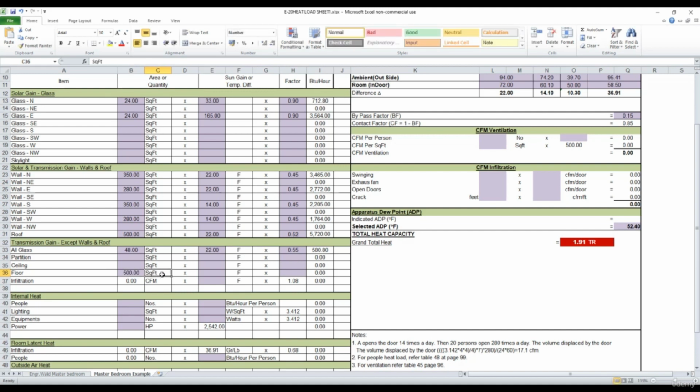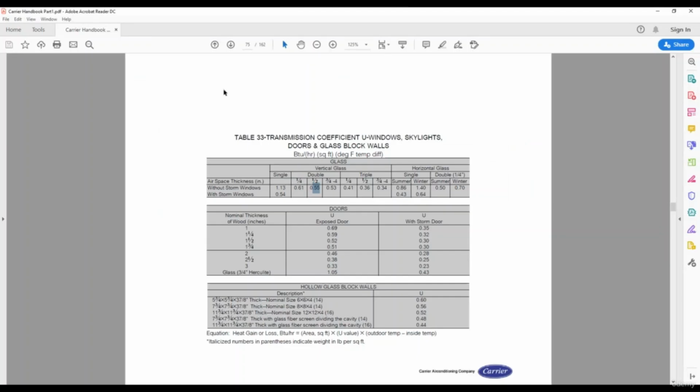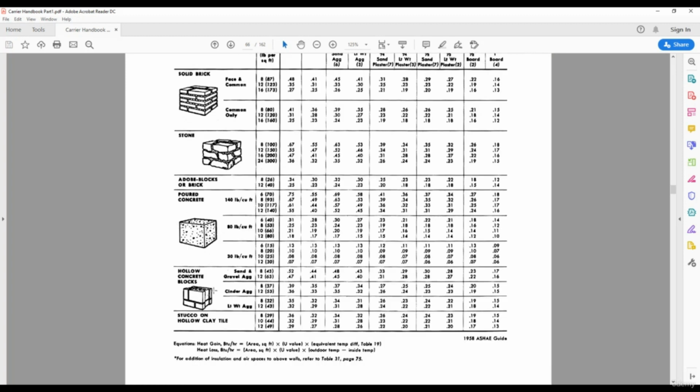Next, we have to find out the heat gain through the floor. Here, the area of the floor is 500 square feet. Since the temperature beneath the floor is far less compared to the ambient air outside, we are going to reduce the TD, just as in the previous exercise, to 14 F, and referring to table 21 on page 66, we find out the transmission coefficient of the floor.